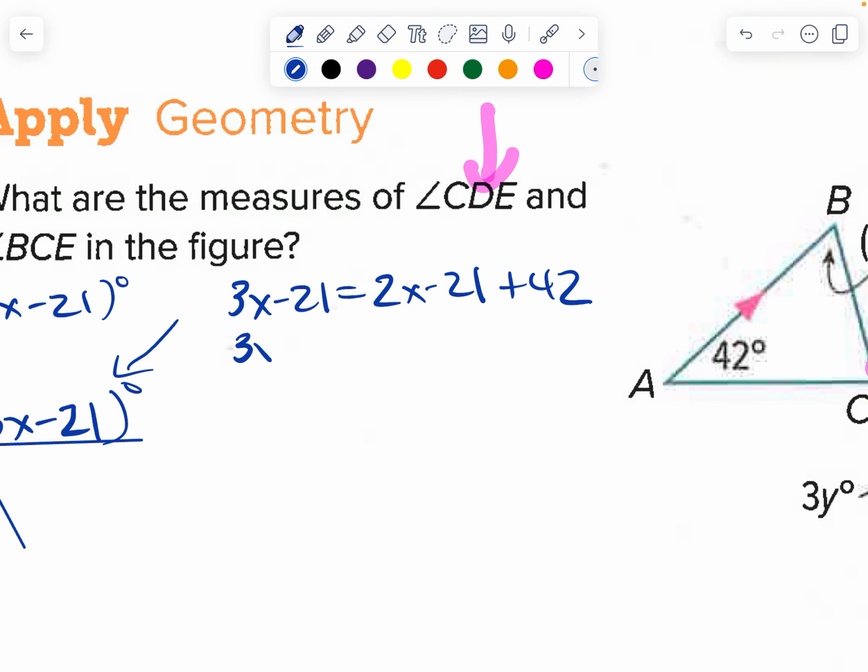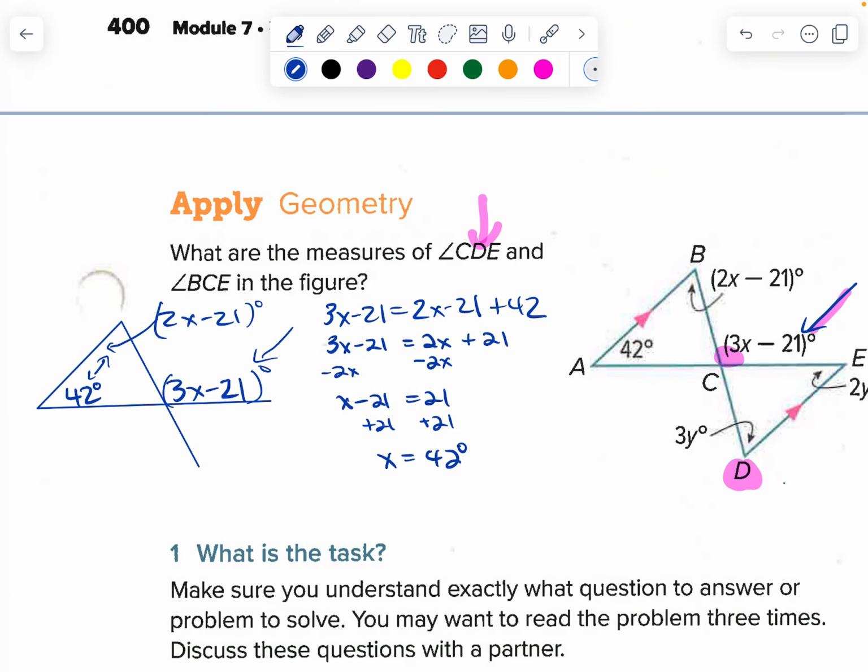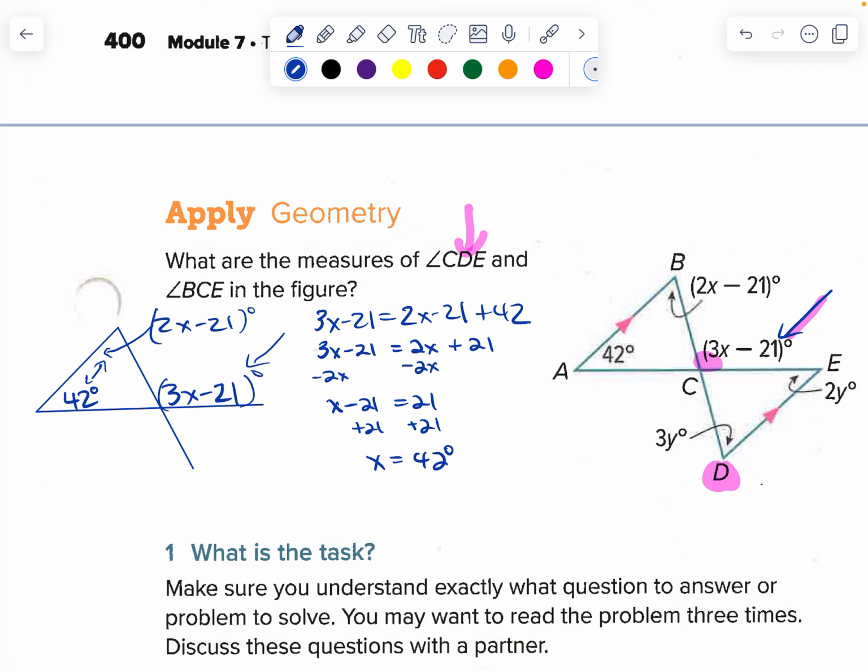So 3x minus 21 equals 2x plus 21. Subtract 2x from both sides. Get x minus 21 equals 21. Add 21. Get x equals 42 degrees. So the x value is 42.